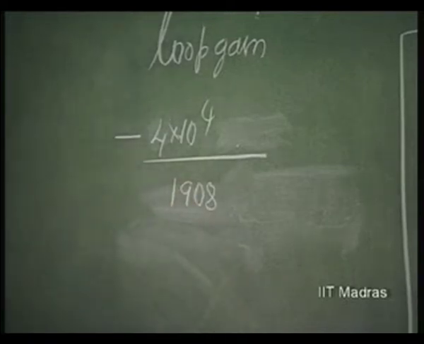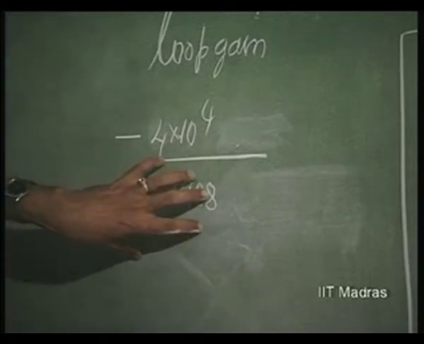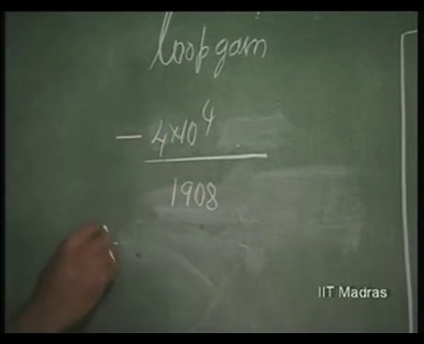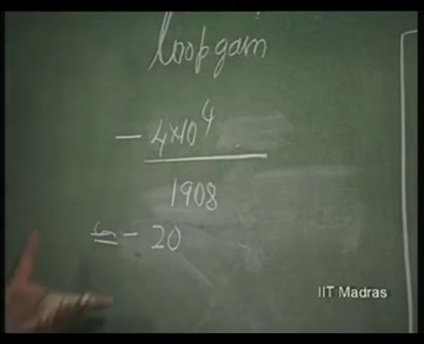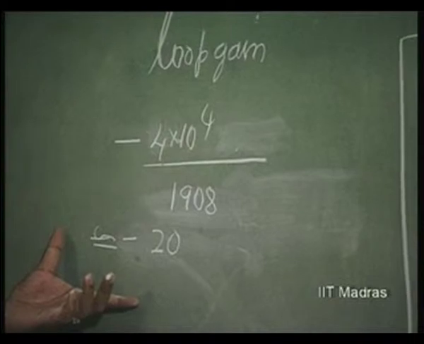So, this is really equal to roughly 2000. So, approximately equal to minus 2 into 10 to the power 3, much greater than 1. So, the loop gain is much greater than 1, no problem.